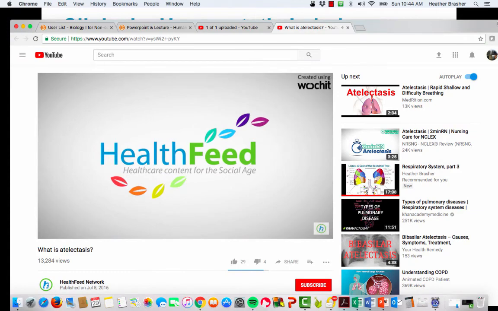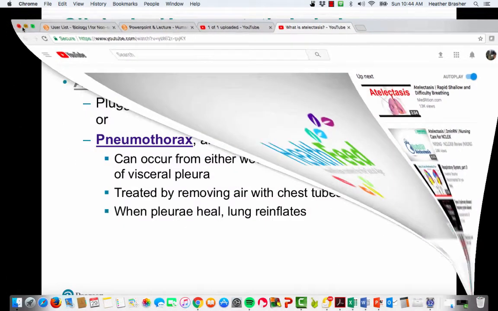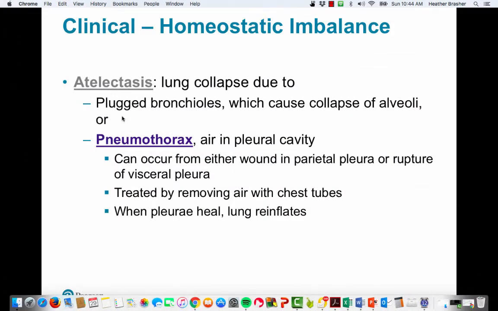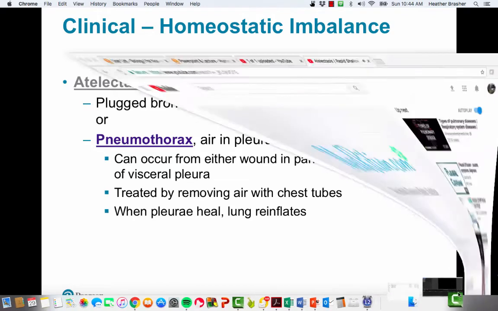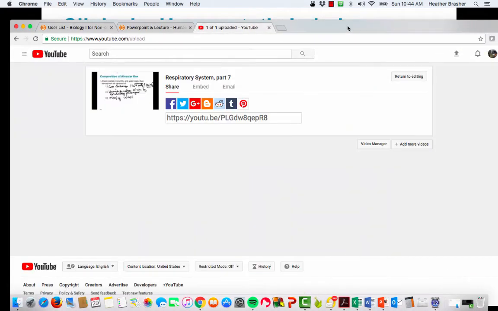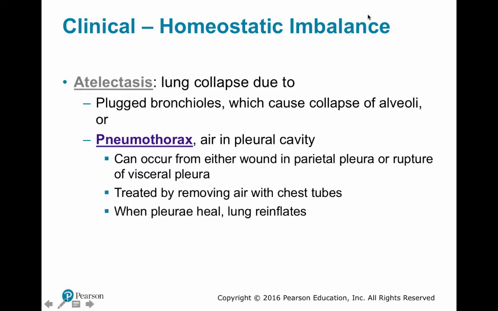So as you can see, atelectasis is lung collapse due to a bronchiole being plugged somehow, normally by some kind of obstruction, whether it be something in there or cancer cells, a tumor, something like that.